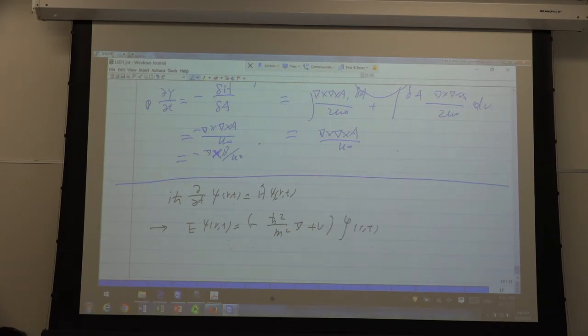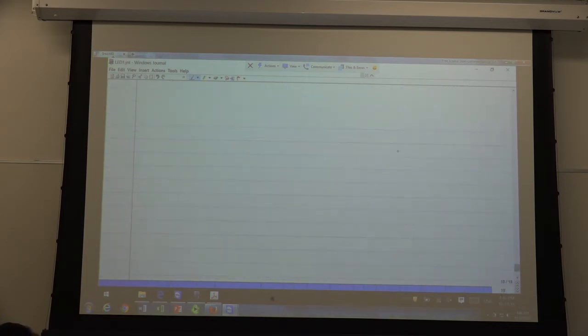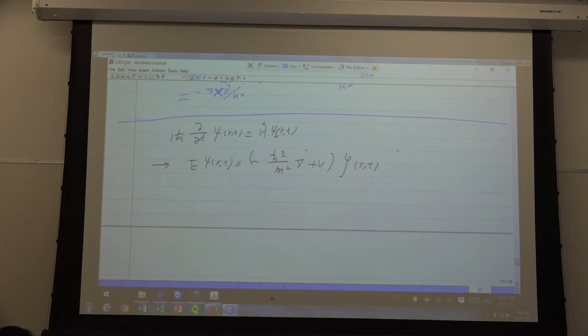If you do some change, this Laplacian operator, this is similar to what? Similar to the wave equation, the wave equation in Maxwell's equations. This is the scalar wave equation. So this equation is similar to the scalar wave equation in the frequency domain.